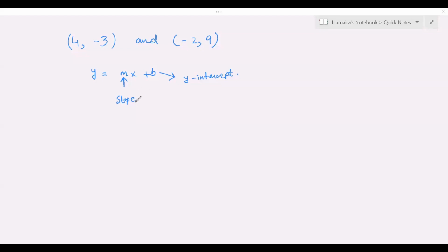So in order to find this equation, we have to find the values of m and b so that we can put them into their places to get the result, right?